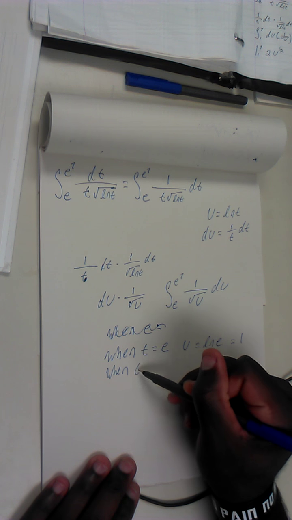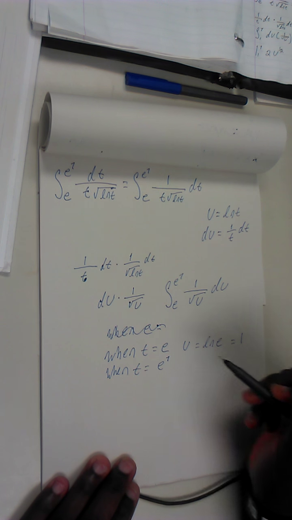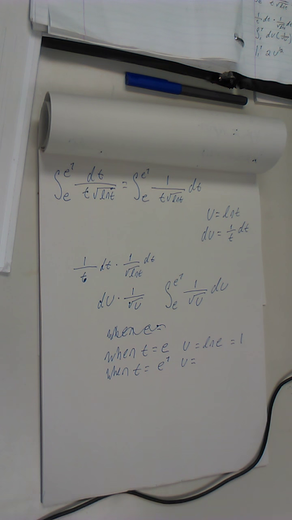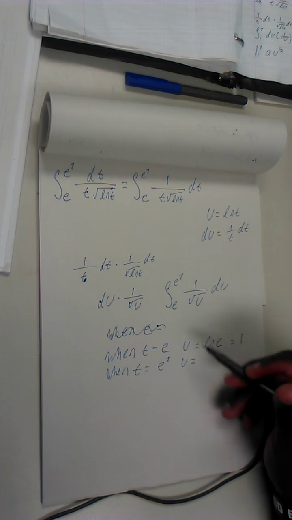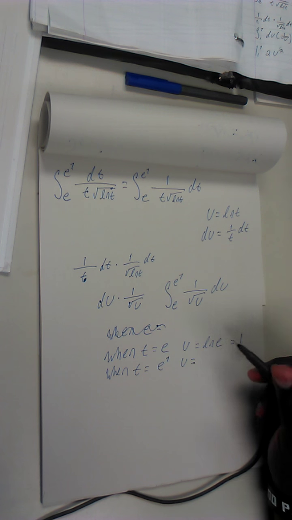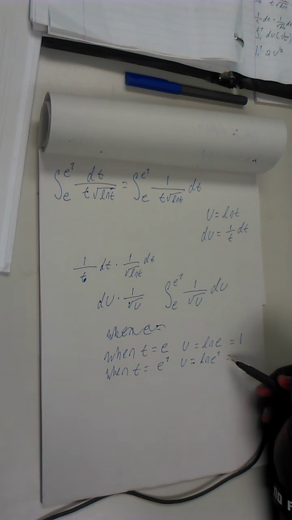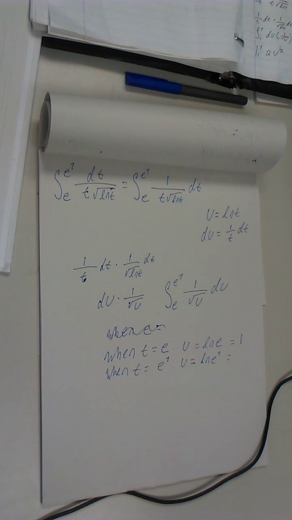And when t is equal to e to the 7th, u is going to be equal to ln of e to the 7th, the natural log of e to the 7th.